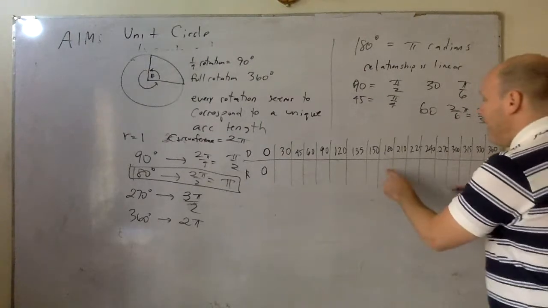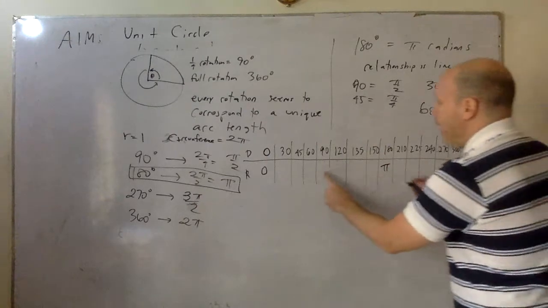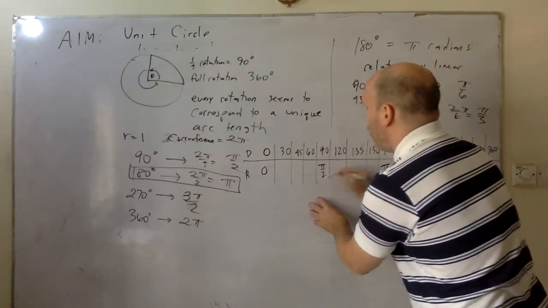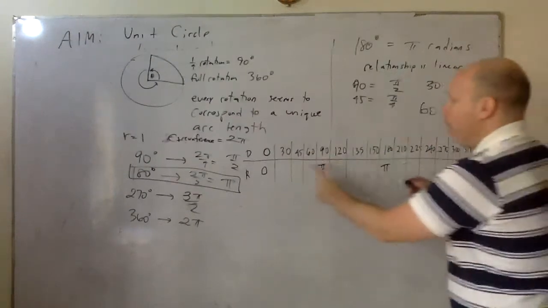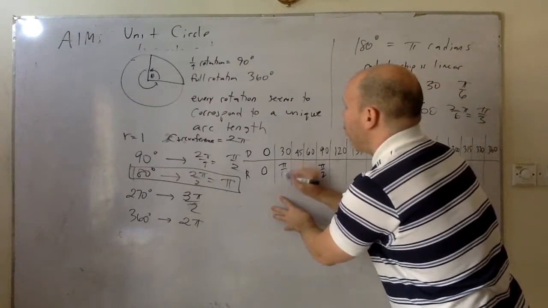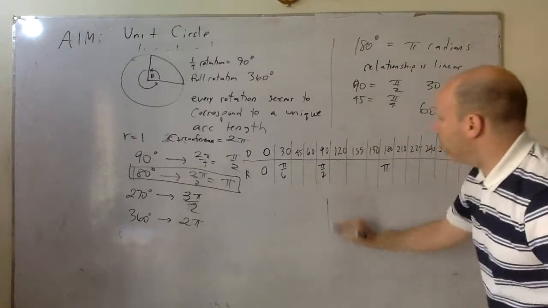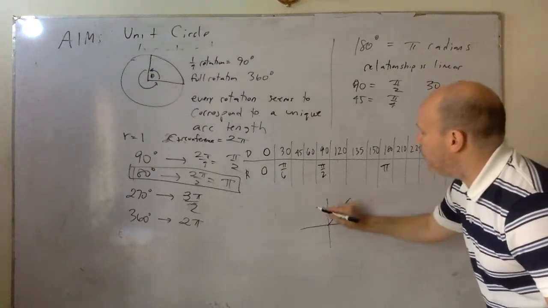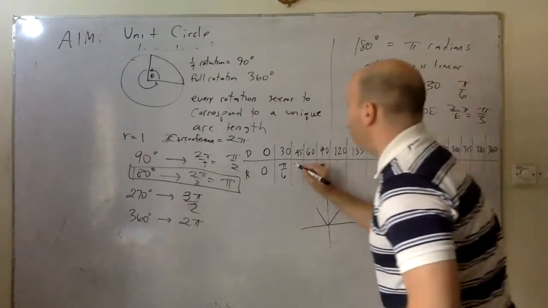We said that 180 is pi radians. If 180 is pi, 90 is pi over 2. 30 is pi over 6. 45 is pi over 4.